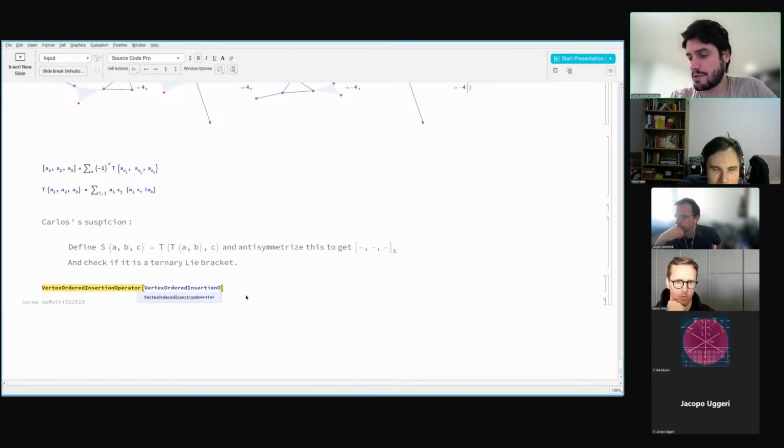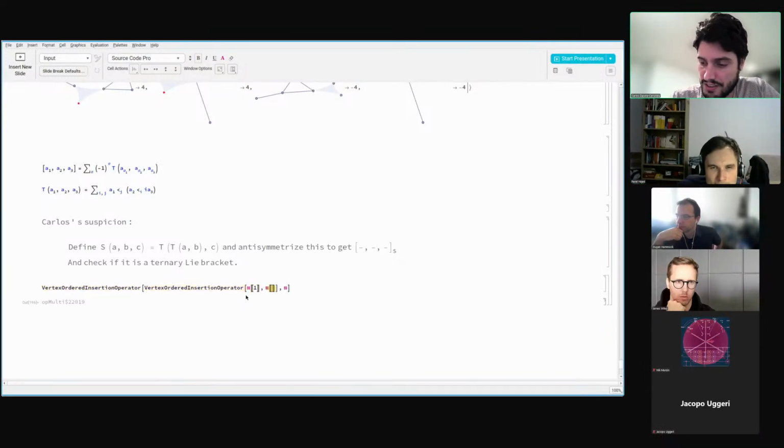I mean, that's just an algebra problem, right? It's nothing to do with graphs. If you have a pre-Lie product, we are agreeing that T is a pre-Lie structure, right? Okay.